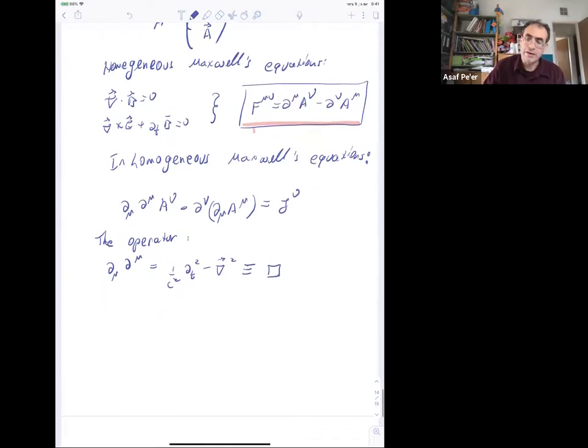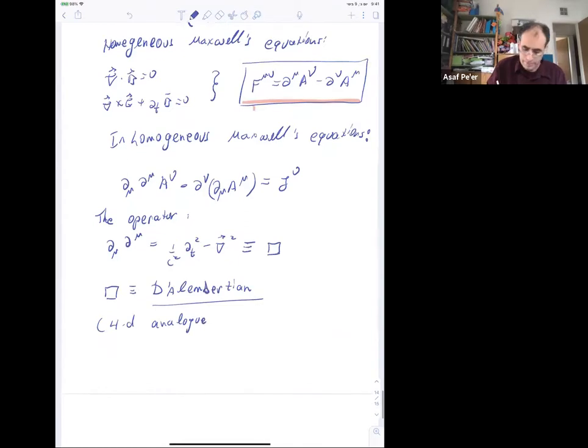This is called the D'Alembertian. This is the generalization of the Laplacian from 3 dimensions to 4 dimensions. That's the analog: the 4-dimensional Minkowski space analog to the 3D Laplacian.